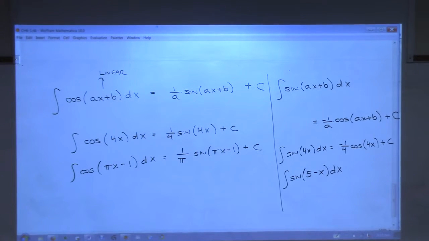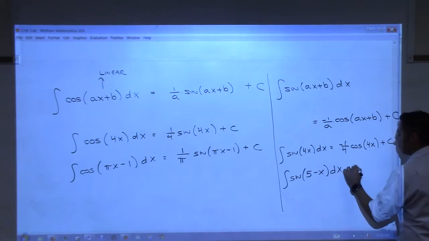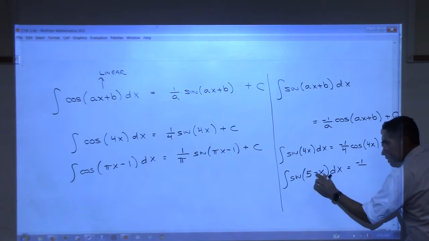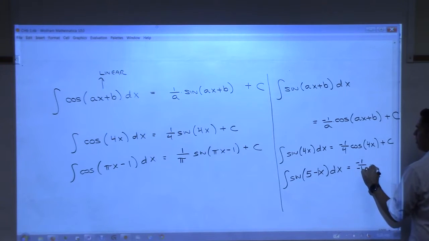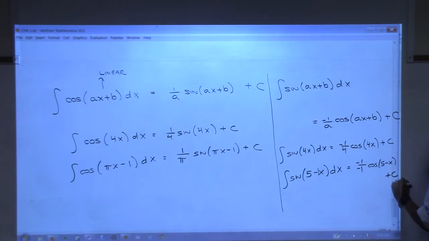Okay, so a in this problem was 4, right? So we put negative 1 over 4. A in this problem is what? Negative 1. So we're going to put negative 1 over negative 1, which is positive 1. We're doing negative 1 over a, but a is negative 1, so then cosine of 5 minus x plus c.